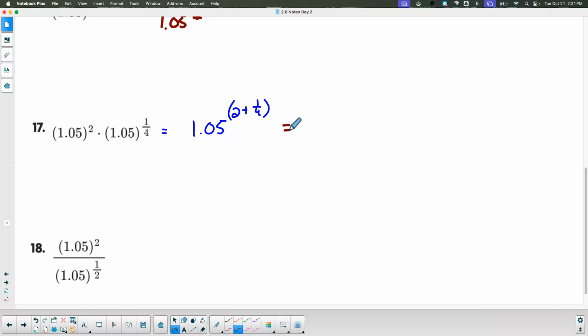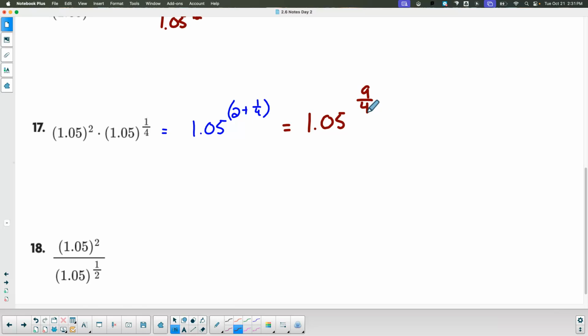What do you got? 9/4? Alright, to the 9/4 power. Because we for sure don't like mixed numbers in that one. They've got to be a fraction, an improper fraction.